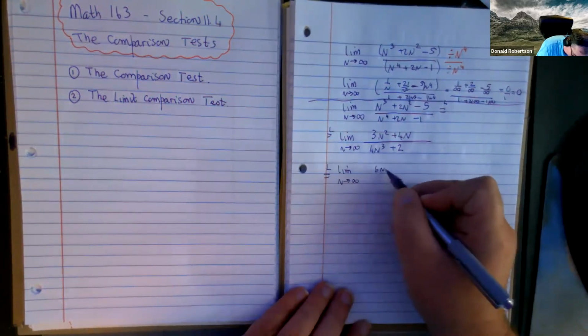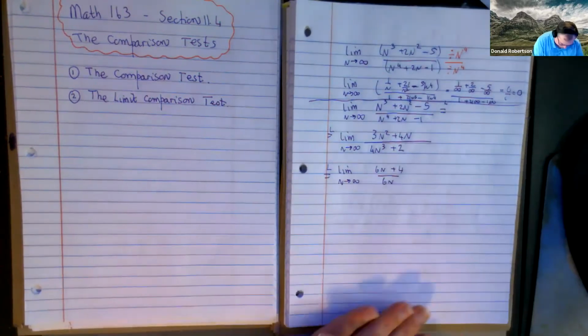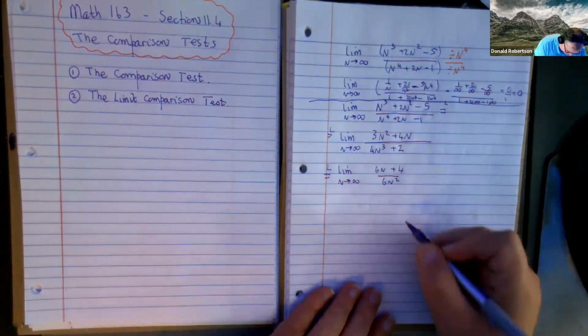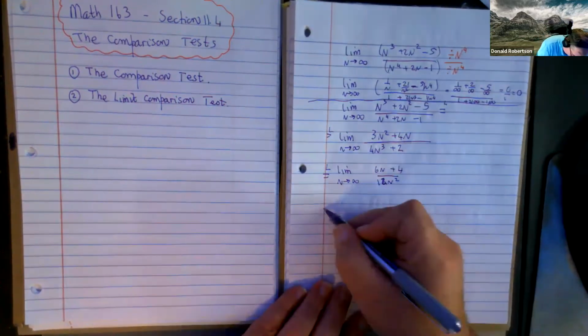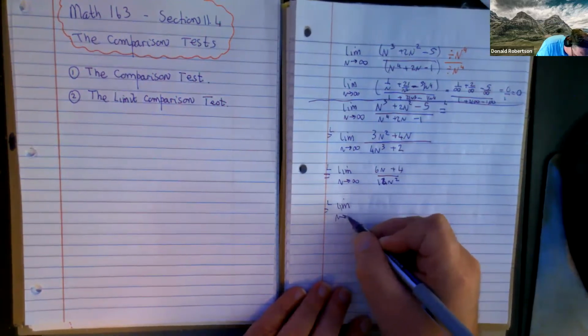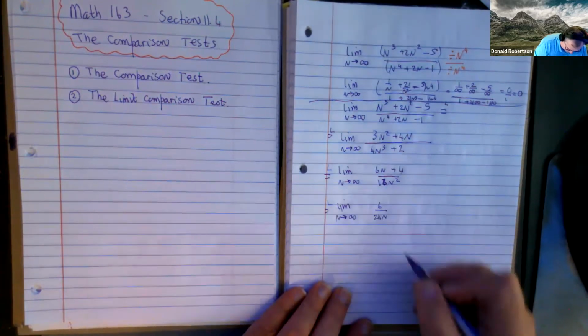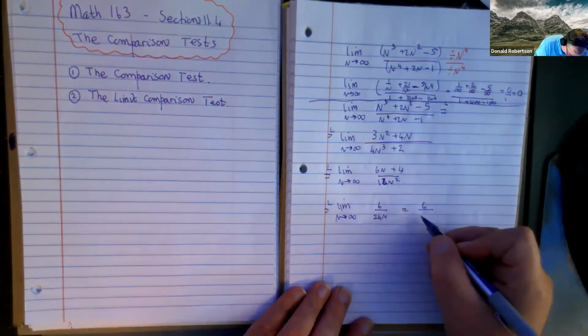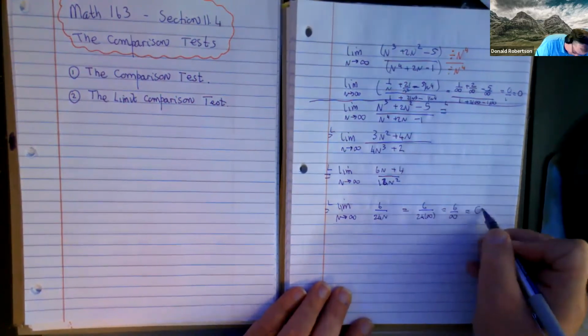And you get 6n plus 4 over 12n squared, it should be 12 actually. And it still doesn't work. So you do L'Hopital one last time. And you get 6 over 24n. And then you put in infinity. And 6 over 24 infinities is still infinity. And so the answer is 0.